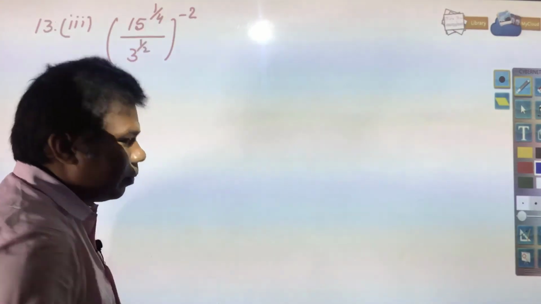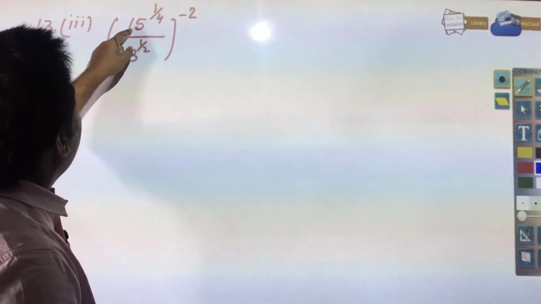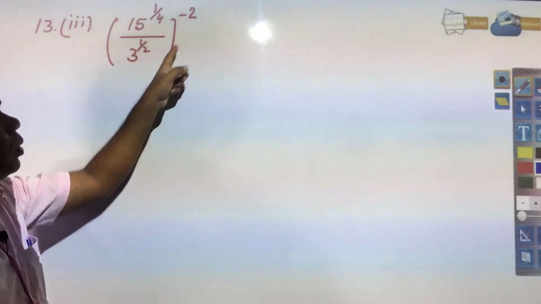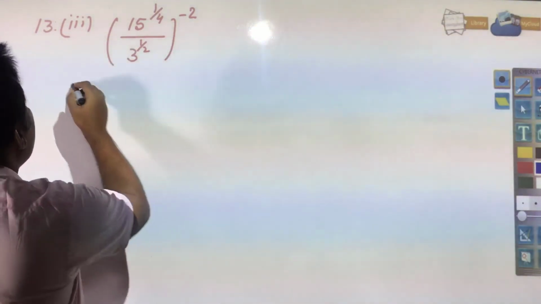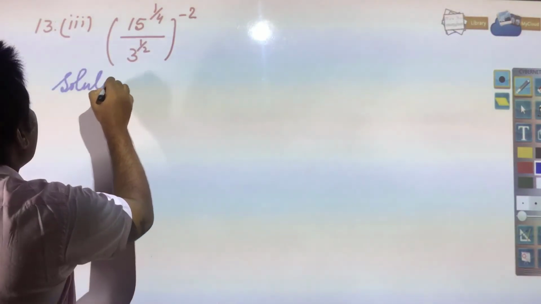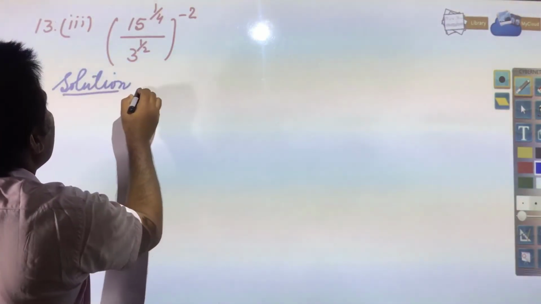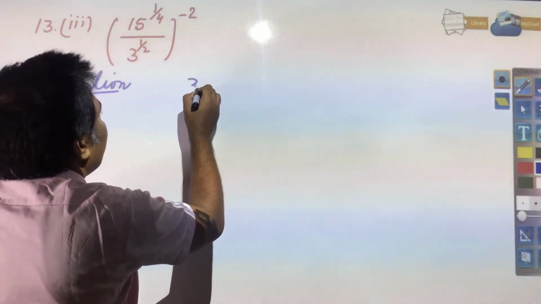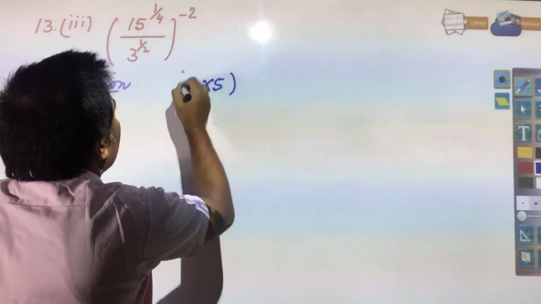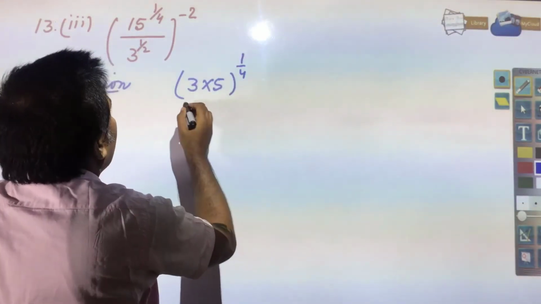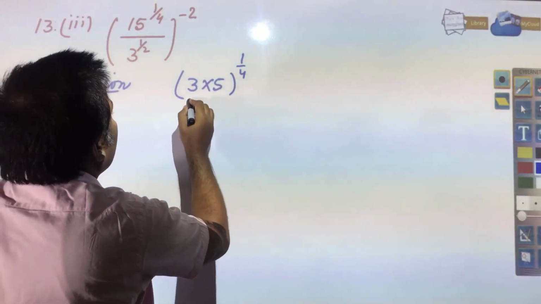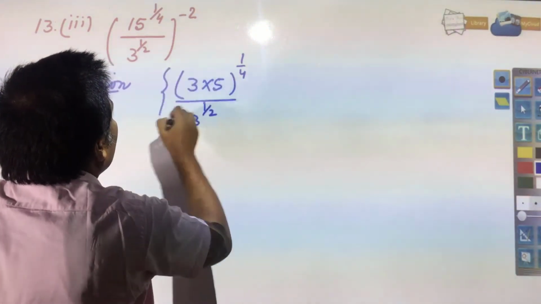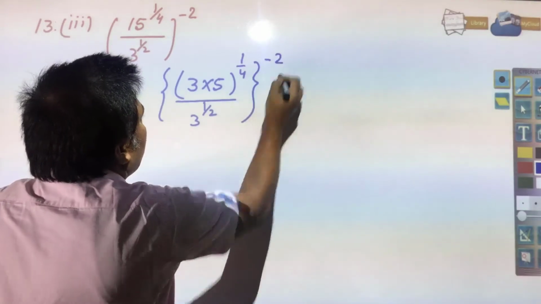Next you see, 15 to the power 1 by 4 divided by 3 to the power 1 by 2 whole to the power minus 2. 15 again can be written as 3 into 5 to the power 1 by 4 and divided by 3 to the power 1 by 2 and whole to the power minus 2 you have.